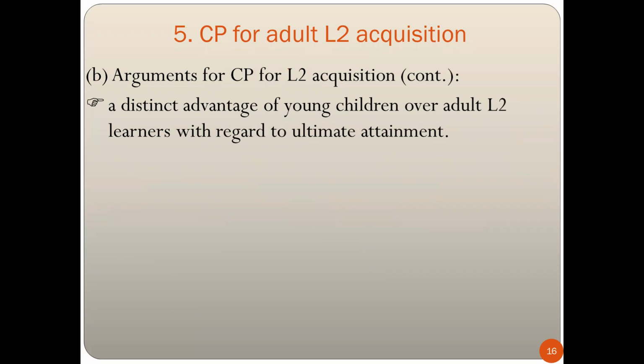Now, this is something that often comes up in the debate on critical periods. We know, and no one disputes this, that younger children are almost always much more successful in acquiring the second language than adult learners.